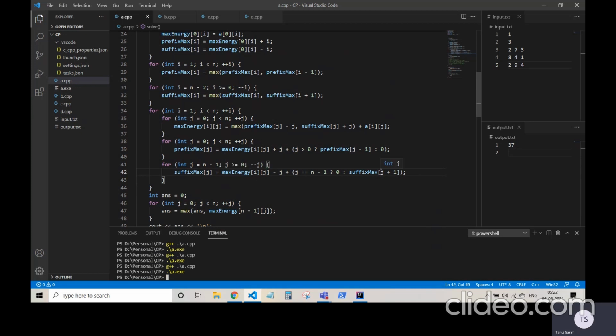We had to take the maximum, right? Why am I adding it to this?